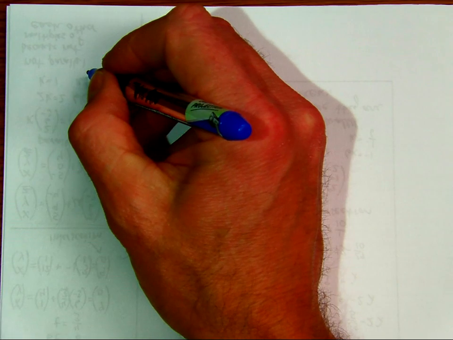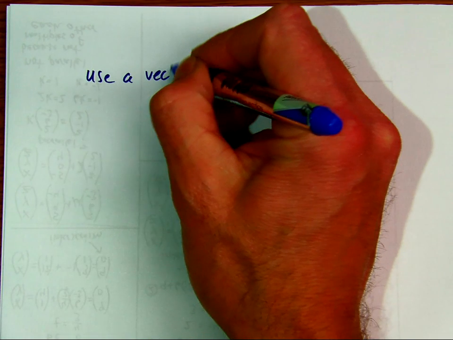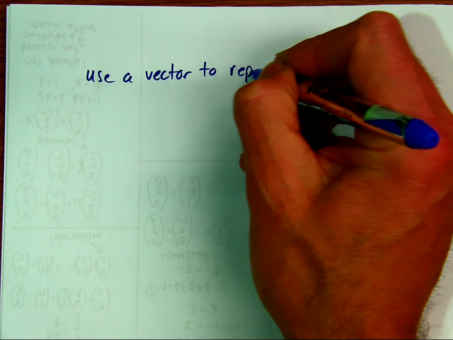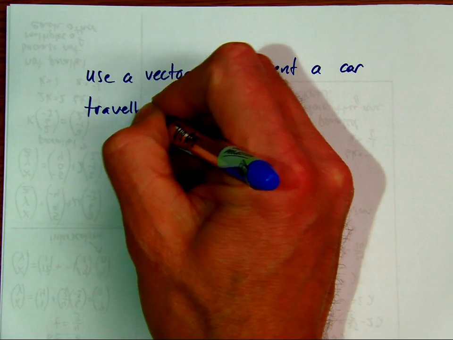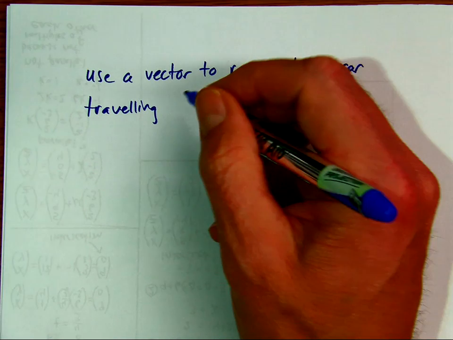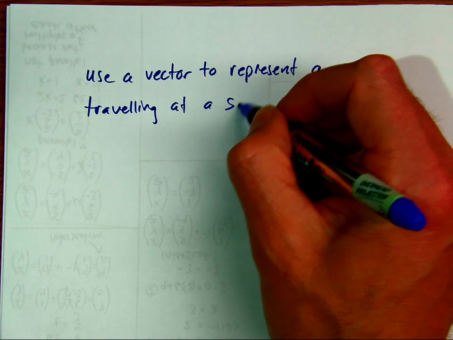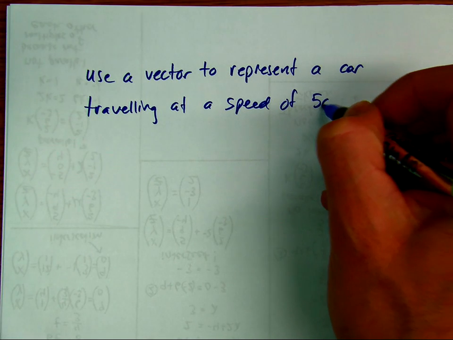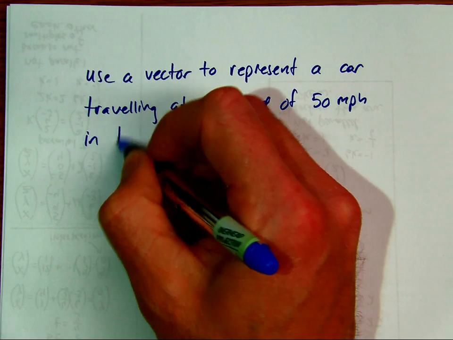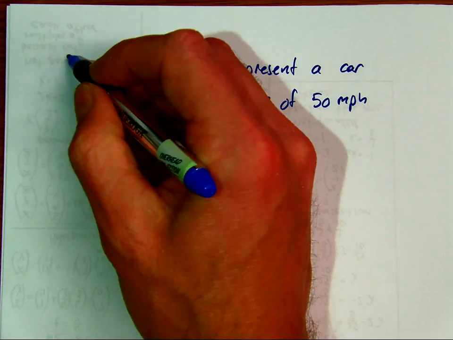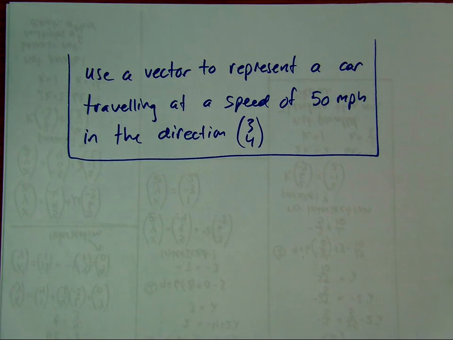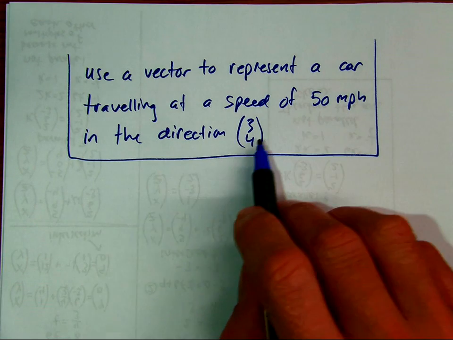Now we'll use unit vectors to find velocity vectors. So here we have a magnitude and a direction.